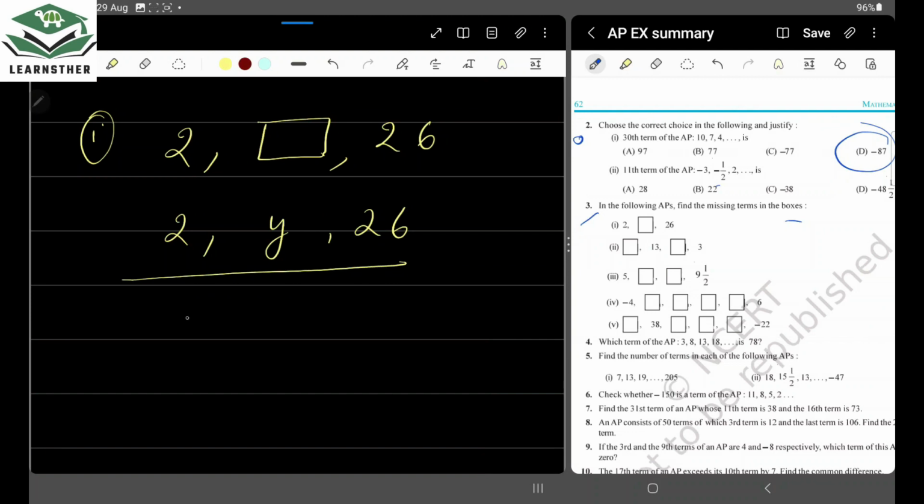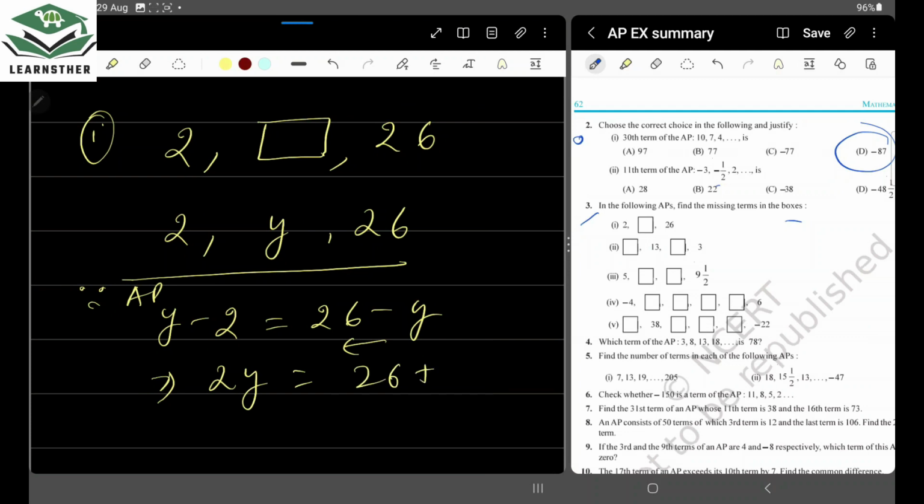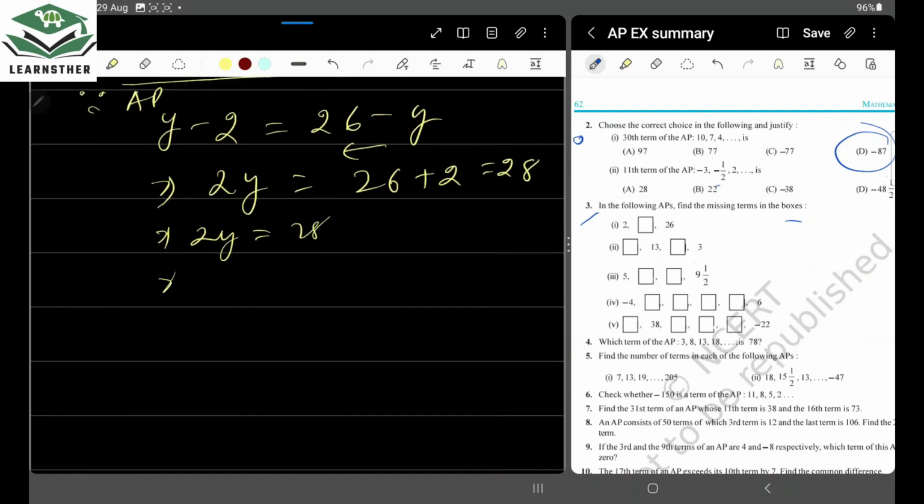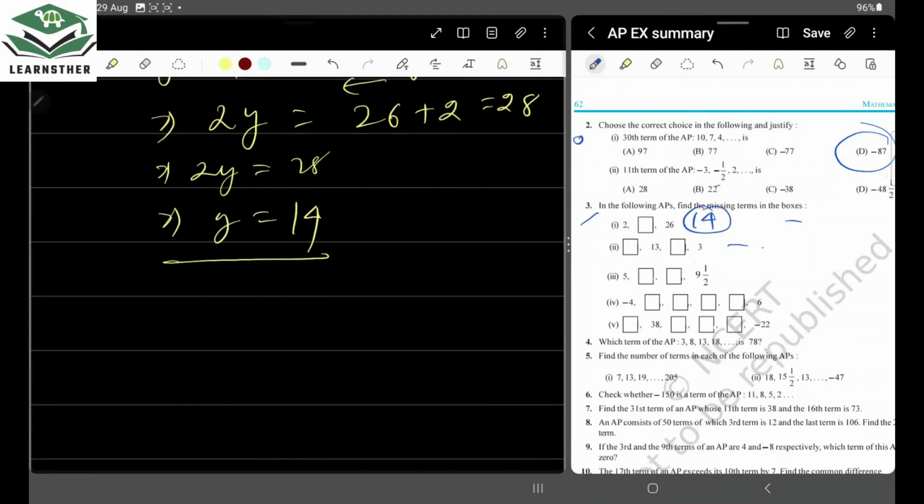Since this is in AP, y minus 2 should be equal to 26 minus y. If you bring this to the left side, it will become 2y equals 26 plus 2, 28. So 2y is 28, y is equal to 14. This will become 14. You can do the others easily.